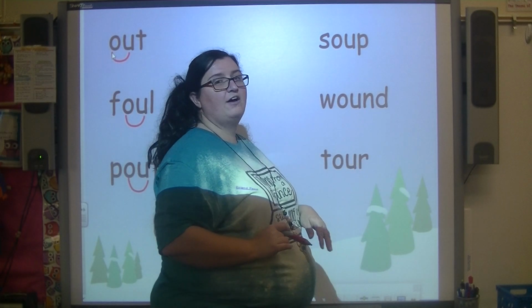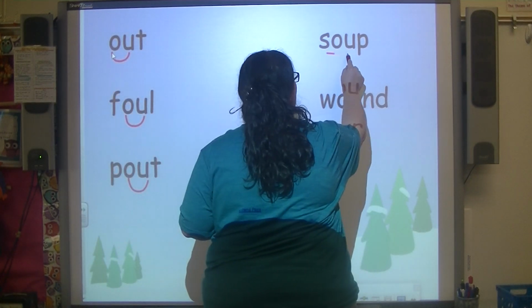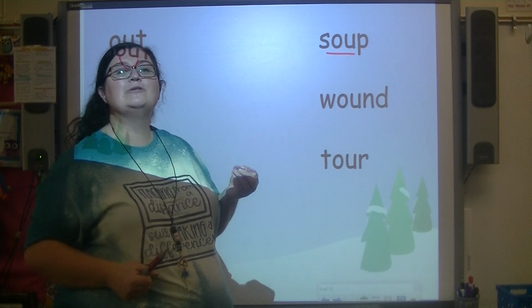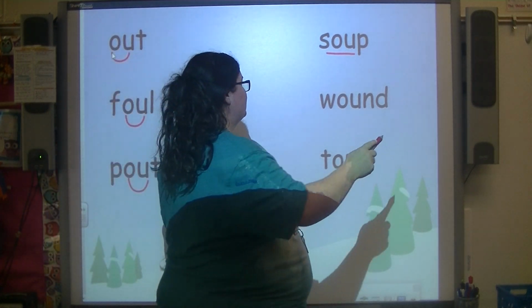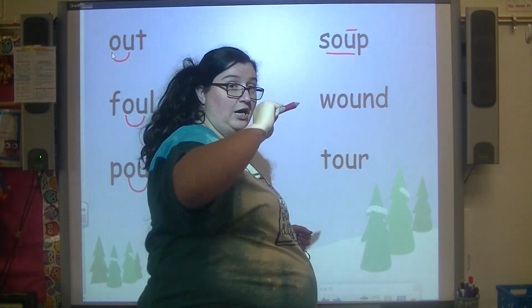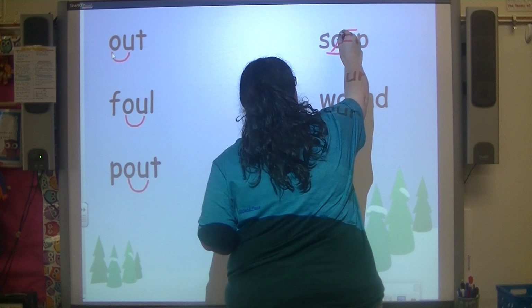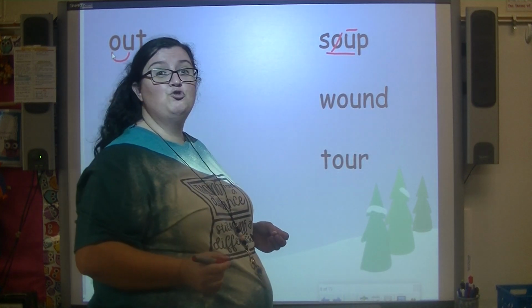And then here we have soothe, ooh, ooh. It's almost like that long U sound that says ooh, right? So we're going to put a macron over the long U, because sometimes the long U makes that ooh sound, right?